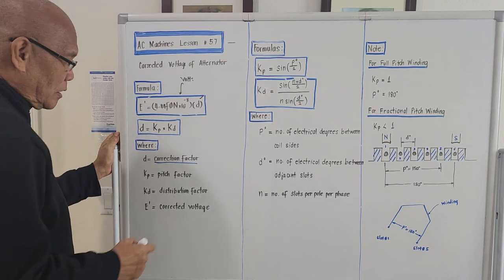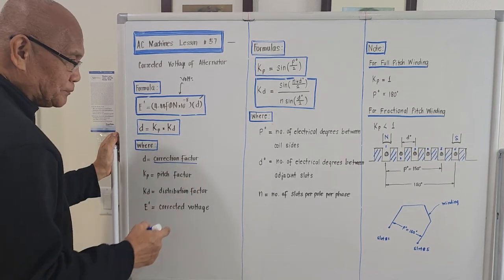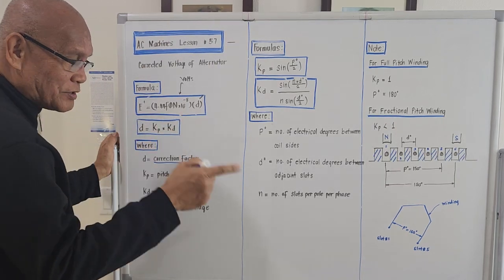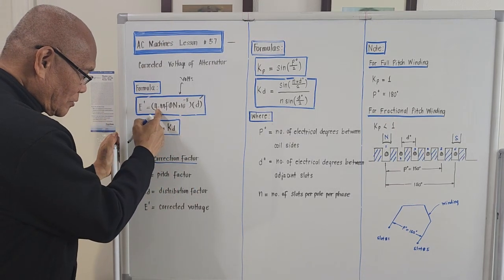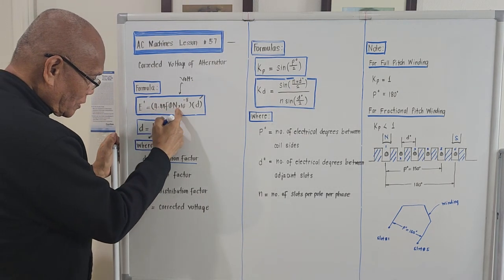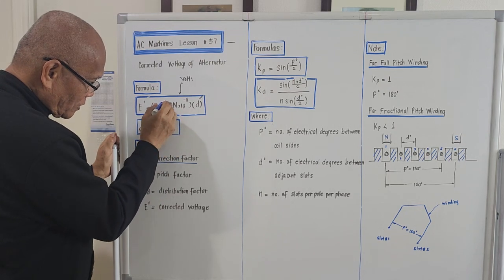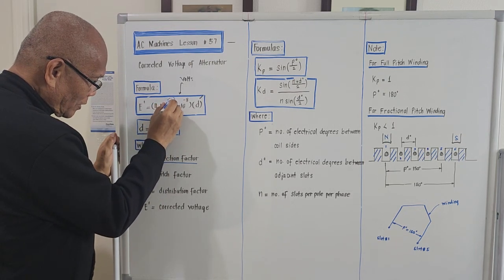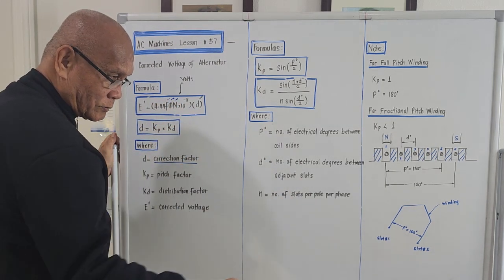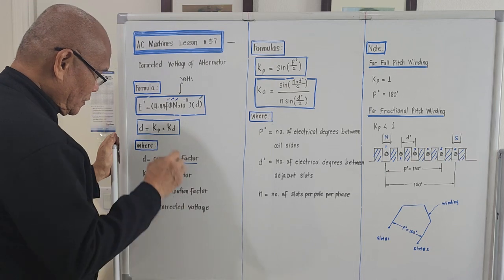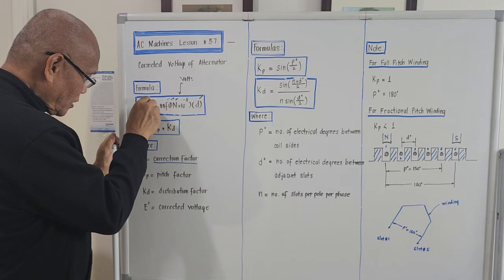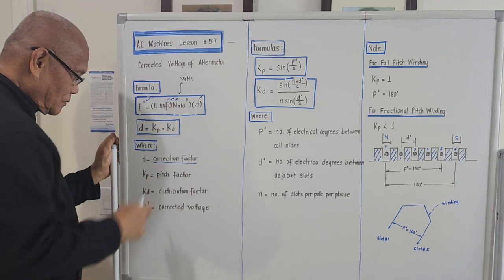Due to this correction factor, the corrected voltage is actually less than the generated voltage theoretically. Because if we multiply all the products of this, meaning the frequency, the flux per pole, and the RPM of the generator we are talking about, it is to be multiplied by value D, and this is termed as the corrected voltage.